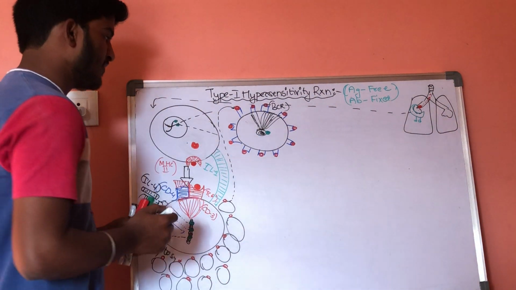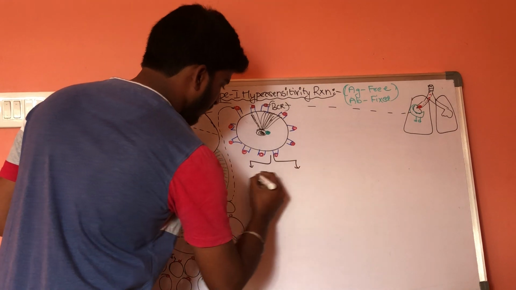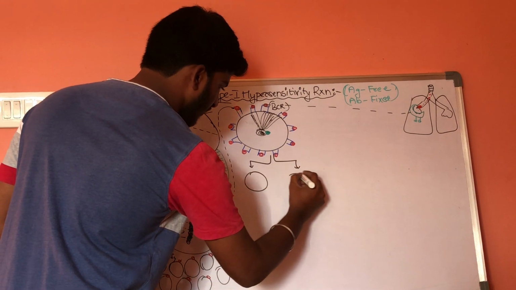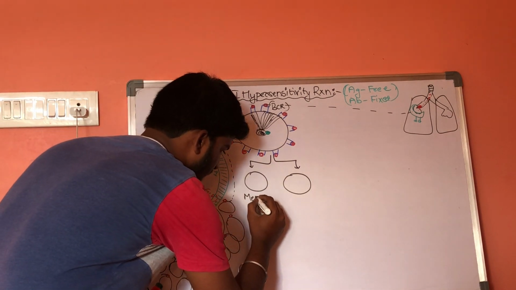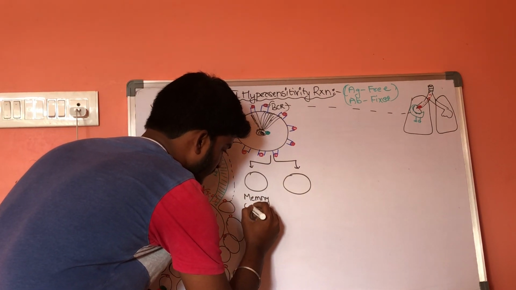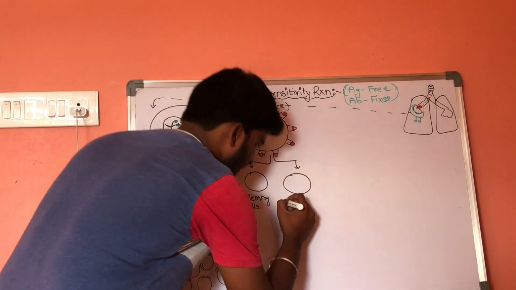Then it results in the formation of two different types of cells. One is memory cells, while the other one is plasma cells.